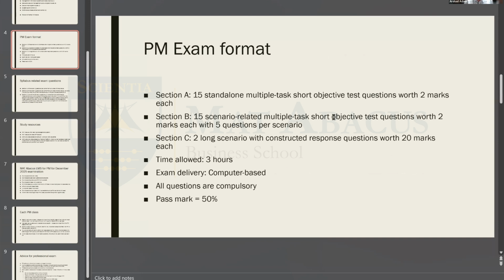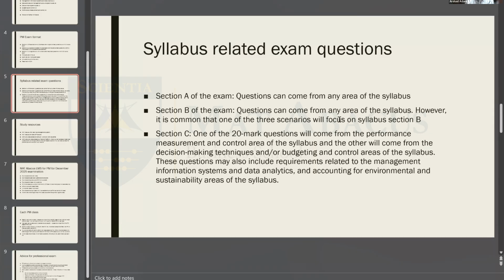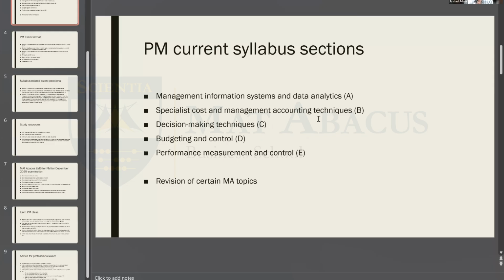So it's very difficult to predict topics, but there is a little bit of predictability in terms of which syllabus areas are more guaranteed to come out.